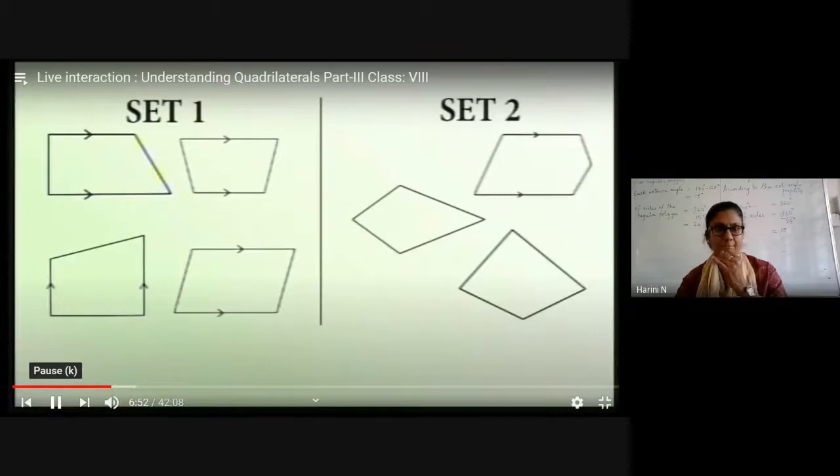Those quadrilaterals which have one pair of opposite sides parallel will be called trapeziums. This is what we are learning in the beginning today. Coming to the second set, none of these have the attributes described in the previous set. If they are quadrilaterals, they did not have parallel lines, and where a parallel line was visible in the third polygon, it was not a quadrilateral. So this set of polygons, we cannot call trapeziums.